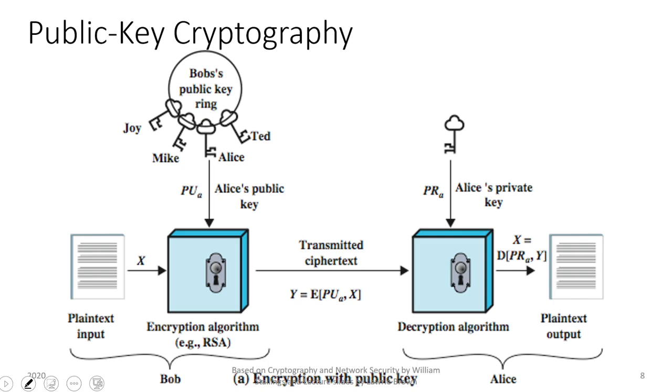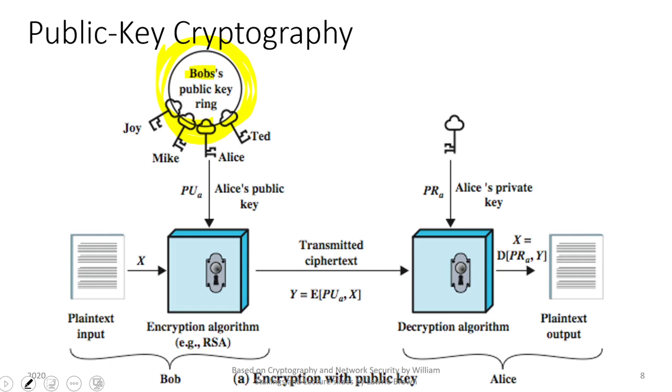So in terms of an algorithm, for example, anyone who wants to send messages to other people can keep a lot of public keys. So these are Bob's public keys.